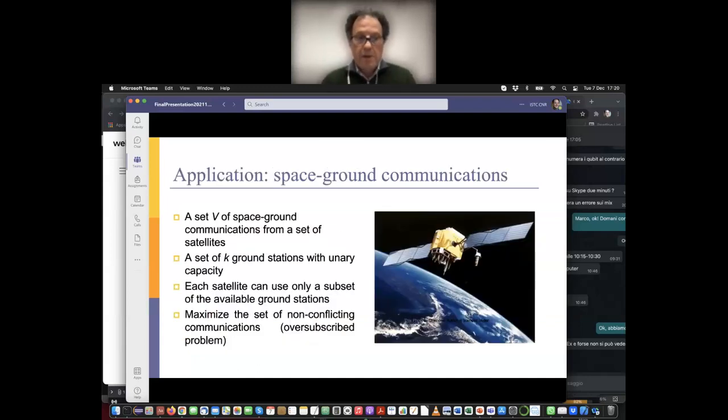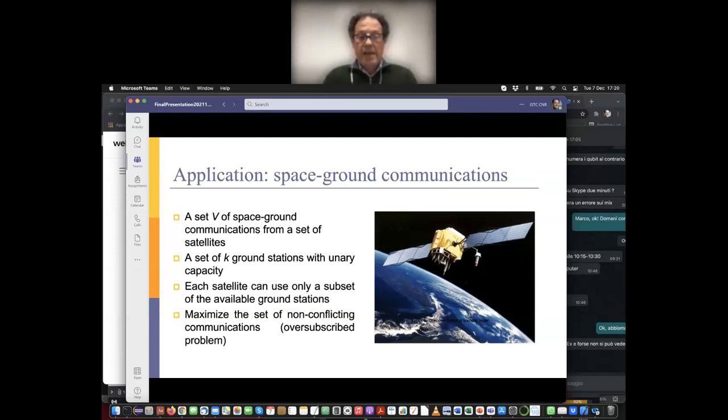The application we have proposed is a problem which can be defined in this way. We have a set of ground communications from a set of satellites. There is a set of ground stations which can receive the communications. They have a unary capacity, so one communication at a time.